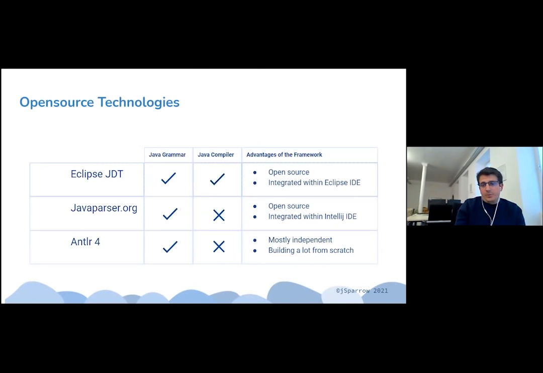There are many open source language parsers out there. The one that we use in jSparrow is Eclipse JDT. It's a very beautiful piece of technology. It allows you to parse the code. It has an integrated compiler, so with the help of that, you can also verify if the code contains compilation errors or not.